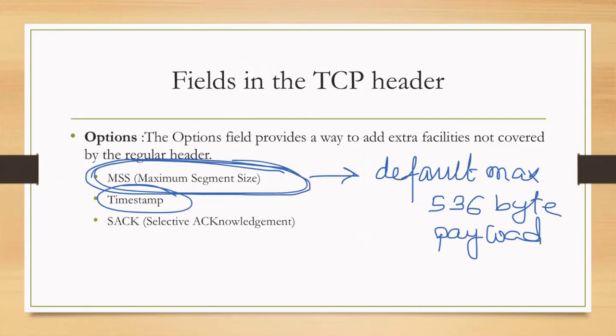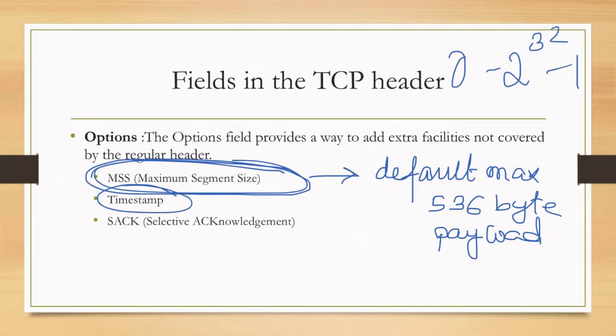Also, another use for this is to give an extension to your 32-bit sequence number. You have a 32-bit sequence number, but you can have a wraparound of the sequence number, that is, after 2 to the power 32 the sequence numbers go from 0 again.